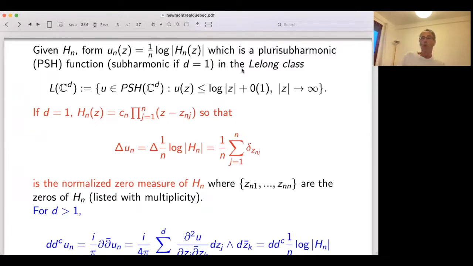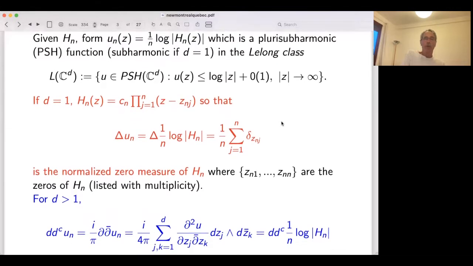Plurisubharmonic, if you are a one-variable person, just means you're subharmonic on complex lines and upper semicontinuous overall. But these plurisubharmonic functions are a little more special because they grow logarithmically. We denote this special class of plurisubharmonic functions on the whole space that grow at most logarithmically by L(C^D), the so-called Lelong class.